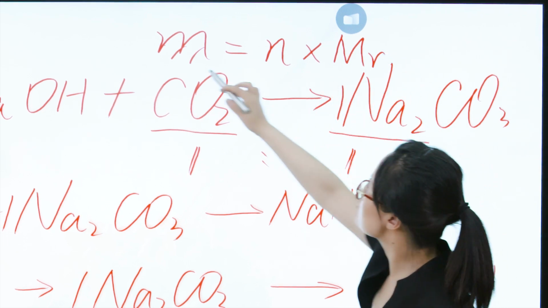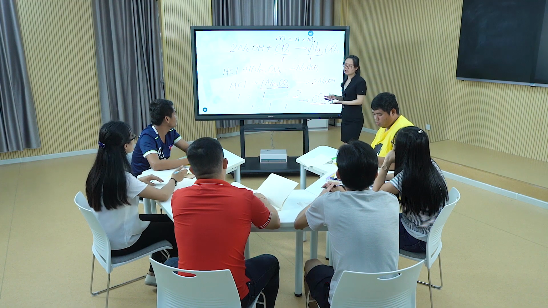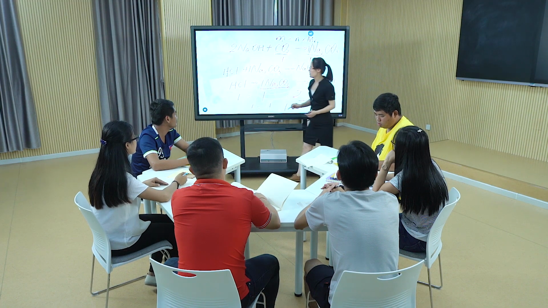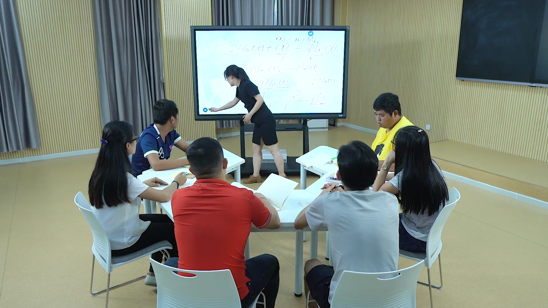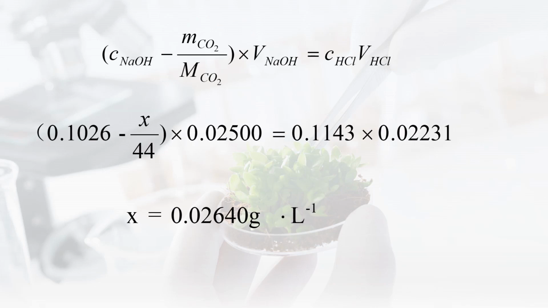We will use different M. And this is the idea how to solve this question. And let's have a look at the answers. Okay, this is how we get the final grams of carbon dioxide.